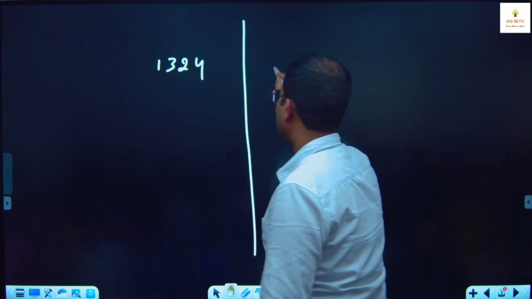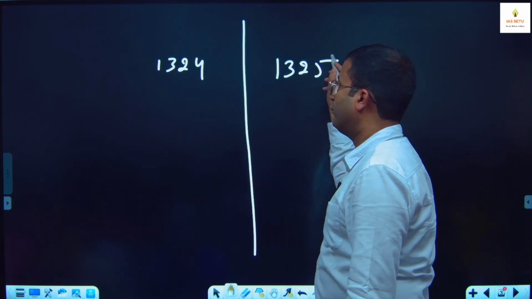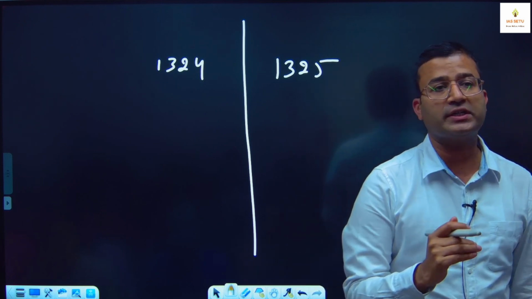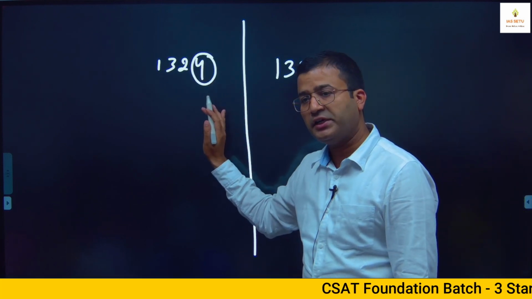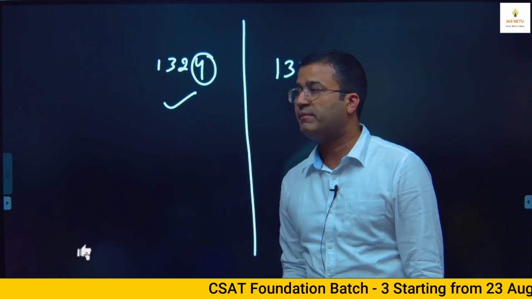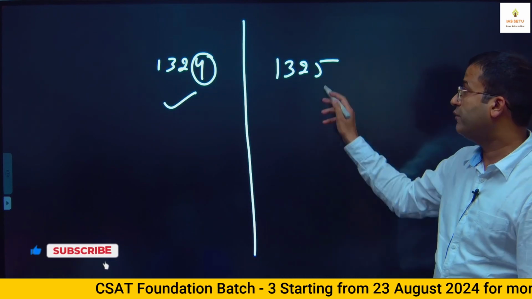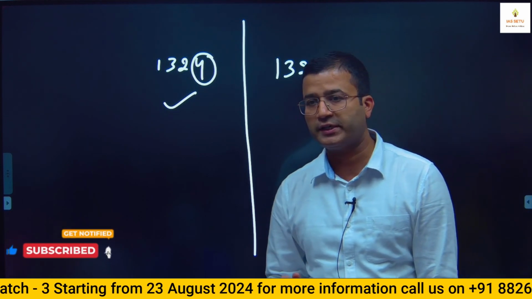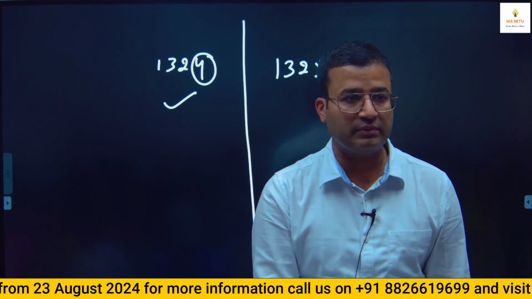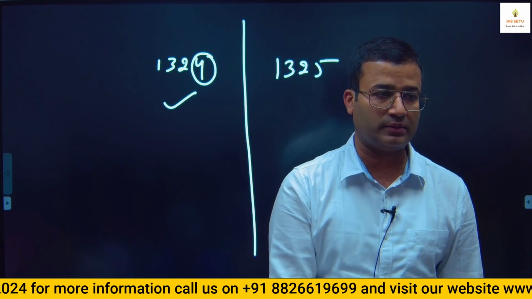1324, 1325. Okay, we have to check divisibility of 2. So this last digit we check, if it is divisible by 2, it means the complete number is divisible by 2. If it is not, no. But the beauty of this shortcut is, it tells you divisibility, and if not, then the remainder.